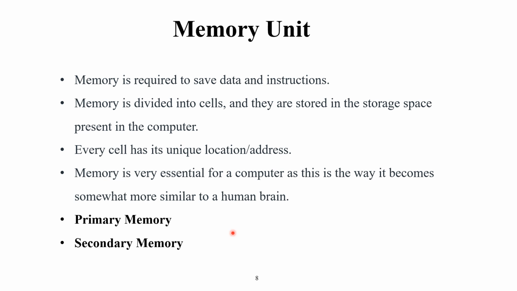It allows for quick read and write access, which is essential for the CPU to perform efficiently. Secondary memory includes hard drives, solid state drives, and other storage devices that retain data permanently, even when the computer is turned off. This is where files, applications, and the operating system are stored.